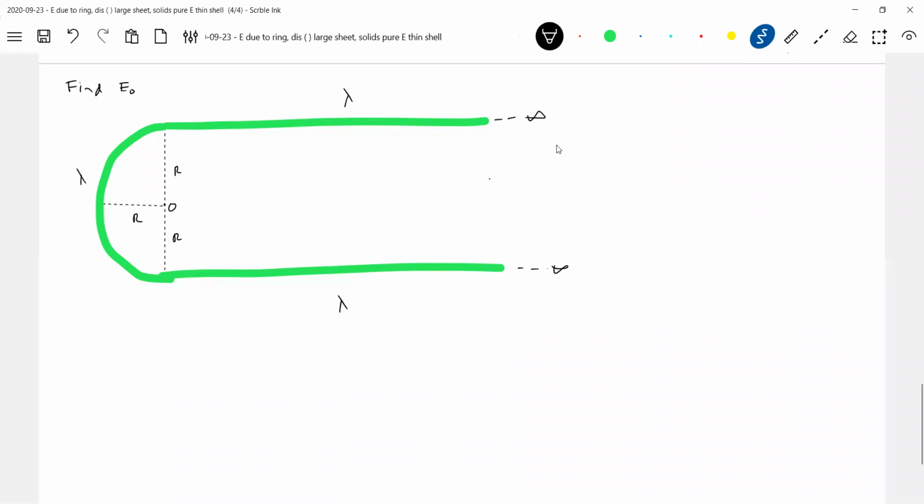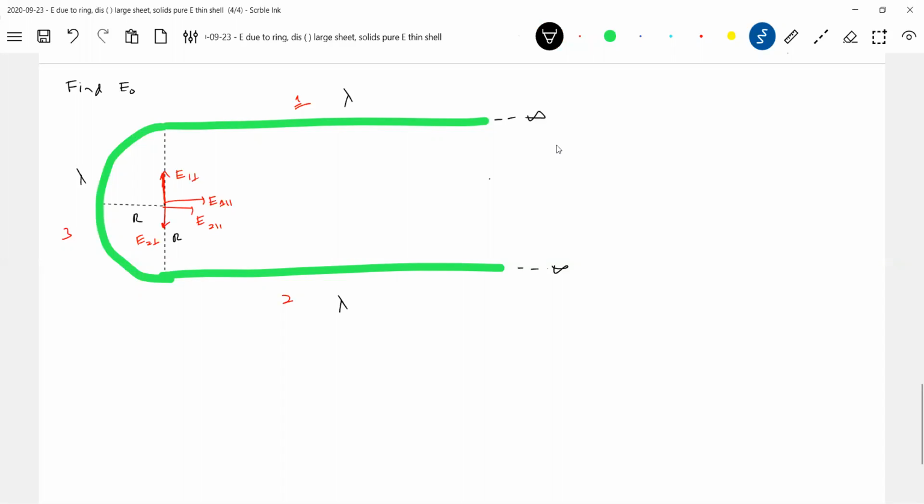So let me start giving numbers. Let this be 1, 2, let it be 3. Due to 1, there will be a perpendicular component, E1 perpendicular, and E1 parallel like this. E2 perpendicular and E2 parallel.